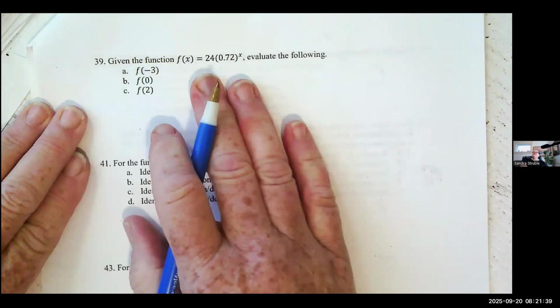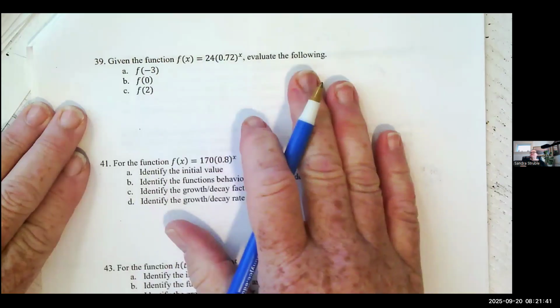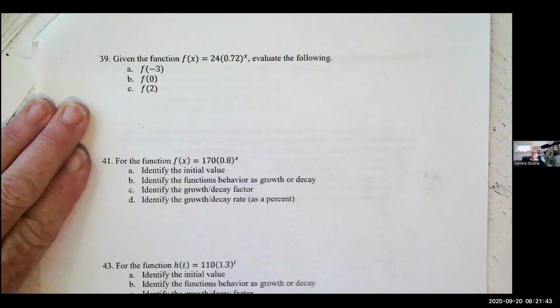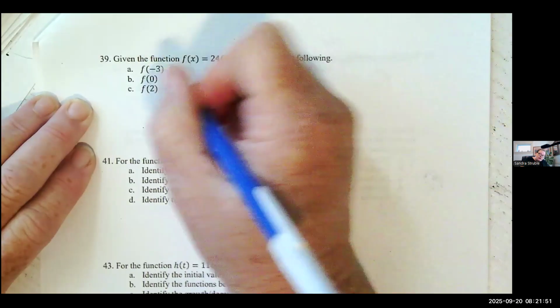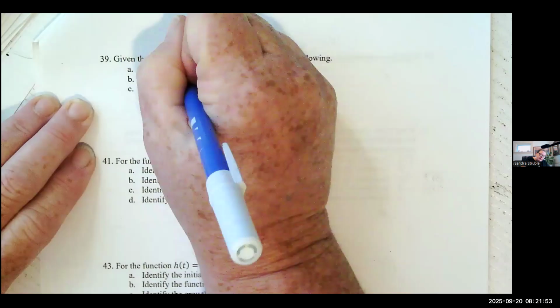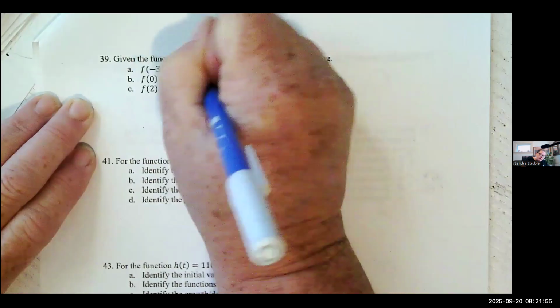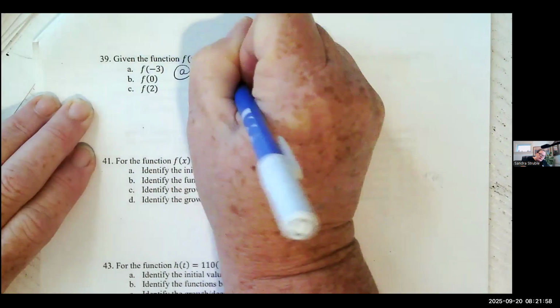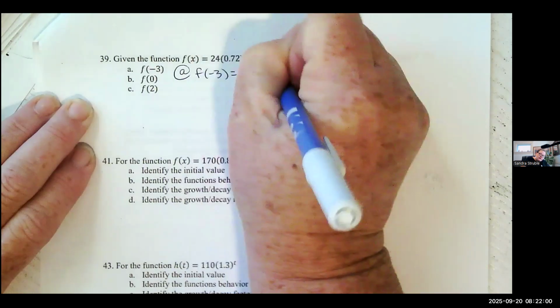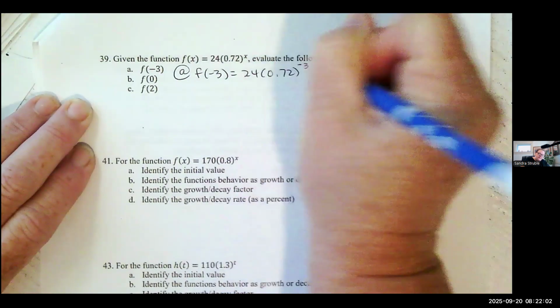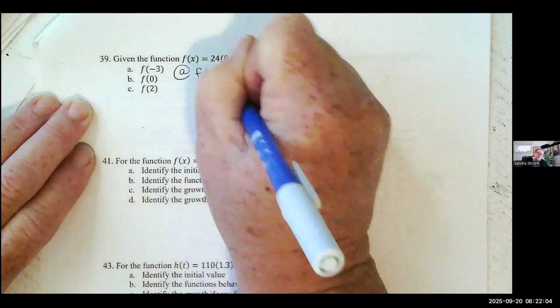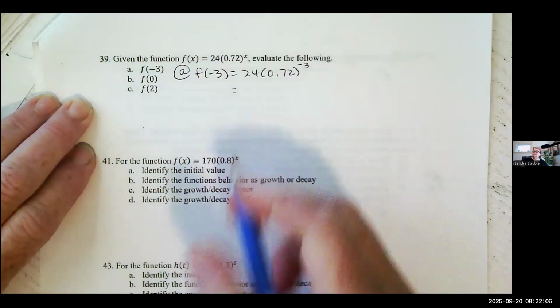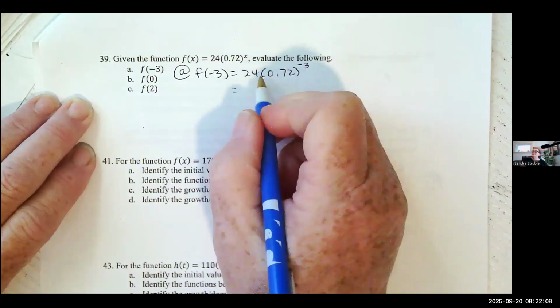Given the function, evaluate the following. All right, I'm just going to do it all. Let's just be done. F of x is equal to 24 times 0.72 to the x. So we're just substituting -3 for the x. So A is f of -3 is 24 times 0.72 to the -3. You can put it in your calculator just like that if you have anything but the TI-30XA.